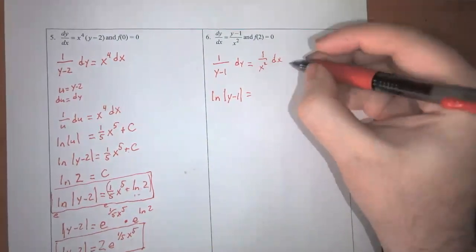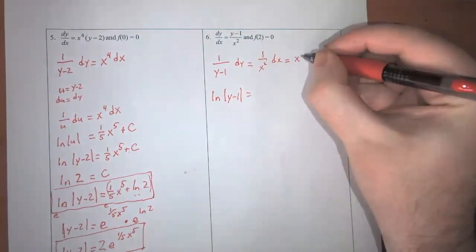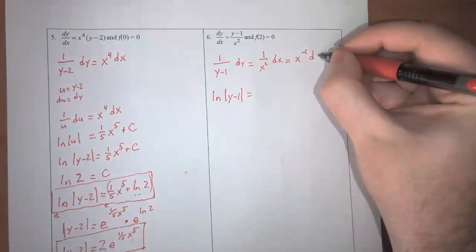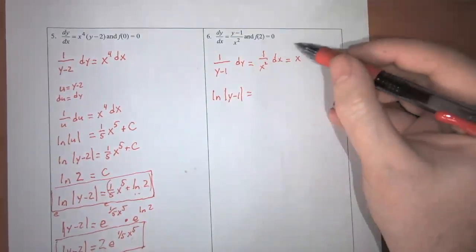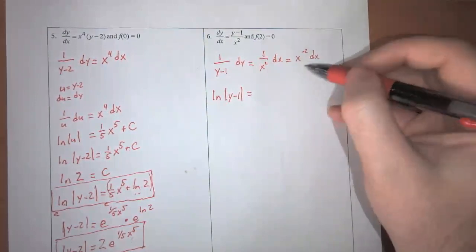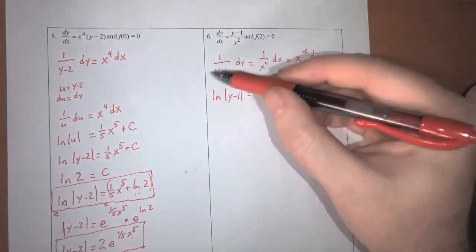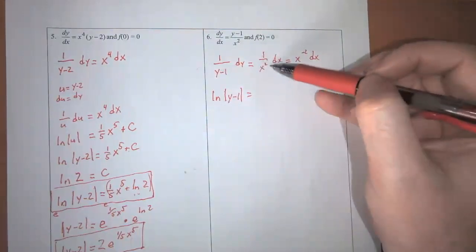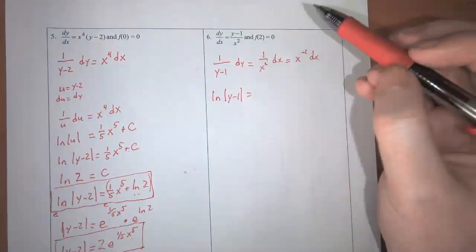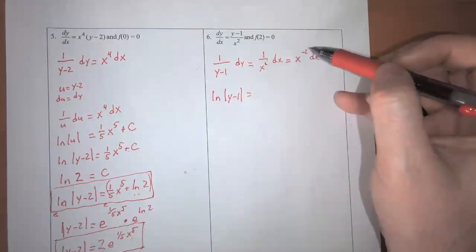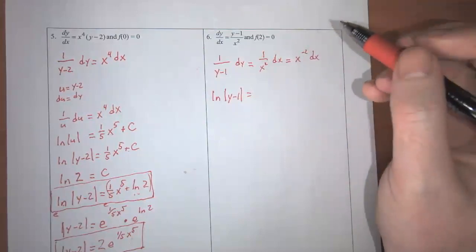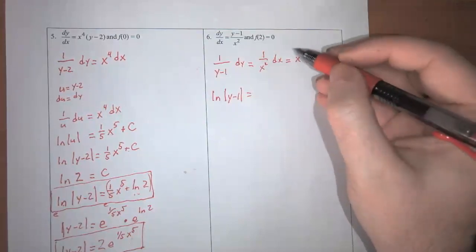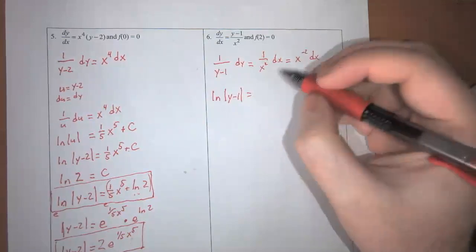Because 1 over x squared is x to the negative 2 dx, and I can just use the power rule for this. The natural logarithm is only when I've got 1 over u, and this is 1 over a variable squared. So the antiderivative of x to the negative 2 power, we're just going to use our standard antiderivative ideas.